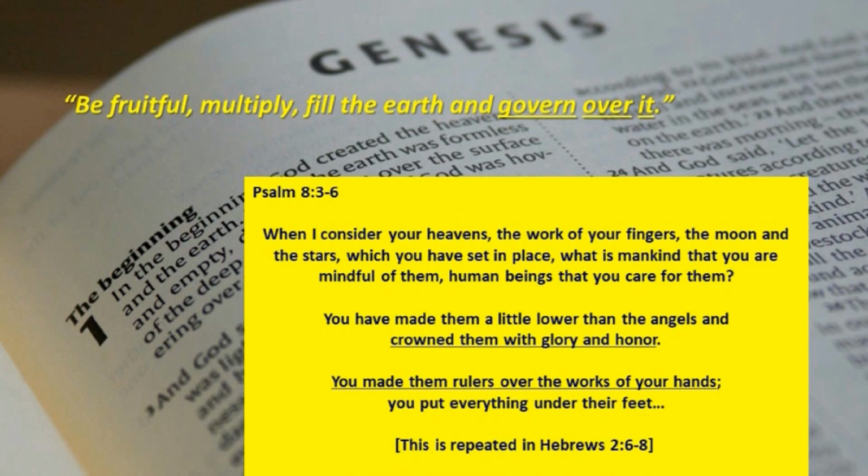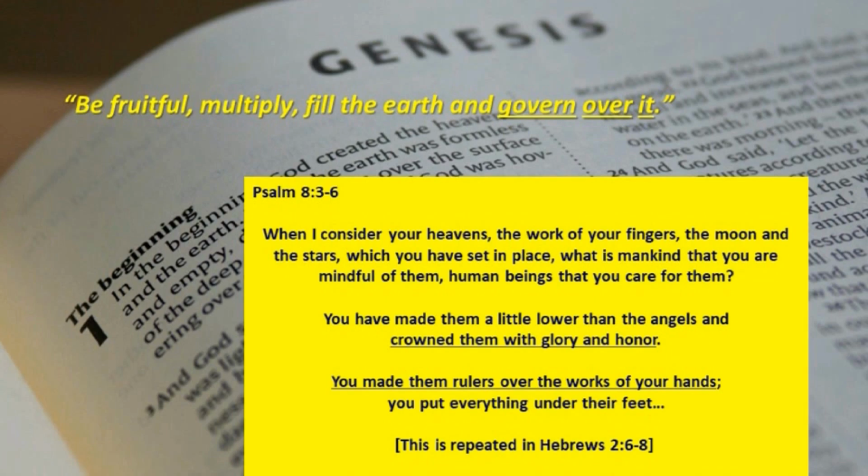The psalmist reiterated it in Psalm 8:3-6. When I consider your heavens, the work of your fingers, the moon and the stars, which you set in place, what is mankind that you are mindful of them, or human beings that you care for them? You have made them a little lower than the angels, and you have crowned them with glory and honor. You made them rulers over the works of your hands.